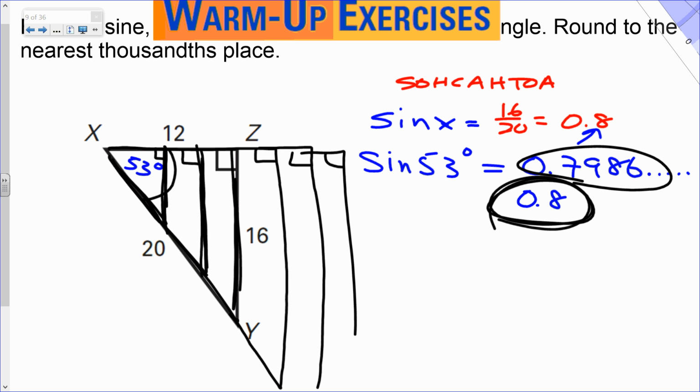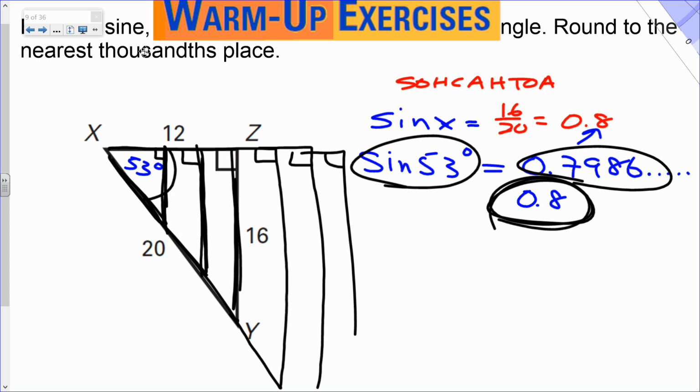The ratio never changes no matter how big or small the triangle gets. Now, knowing that, that's where the power is at. Knowing that the sine of 53 degrees, you just punch it in, is some eternal ratio that never changes. Watch how we can solve problems now.